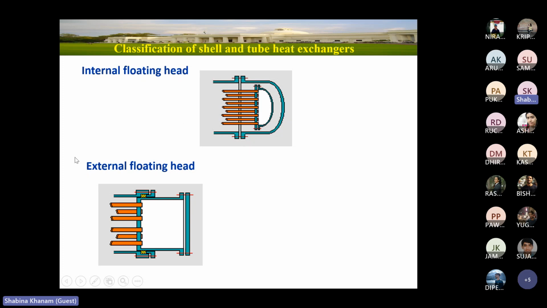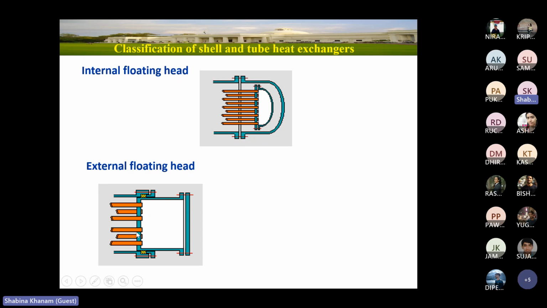But if somehow I can keep this section out of this heat exchanger, so that flotation occurs at the outer part, then we can have a lesser diameter shell. As you can see over here, if you consider this tube sheet, so this tube sheet I am having, and this is the shell.